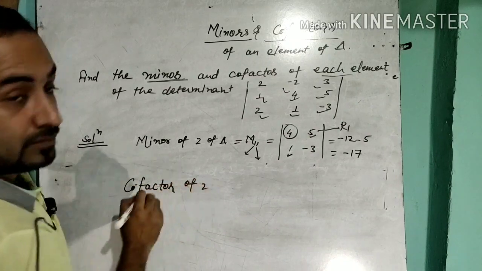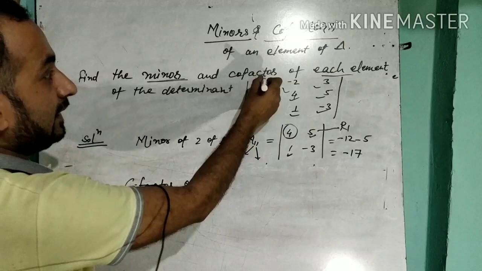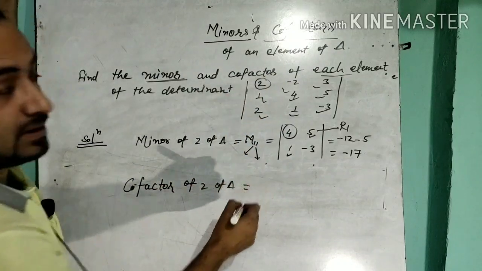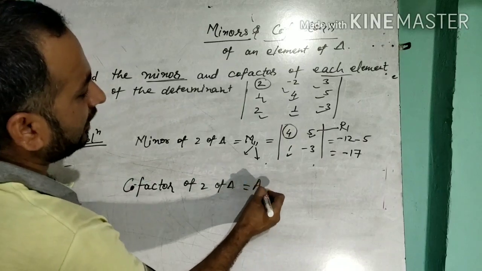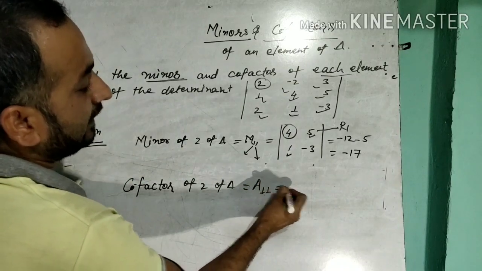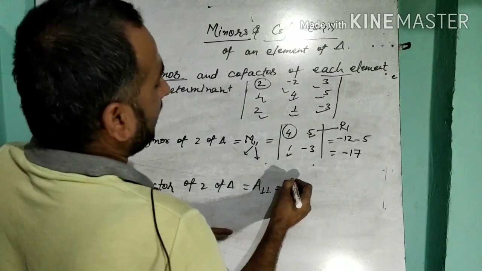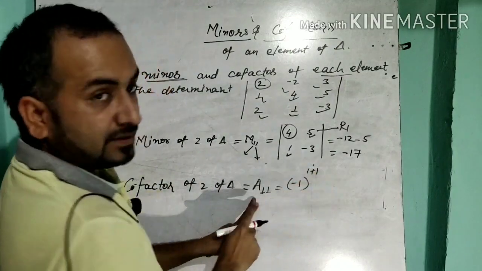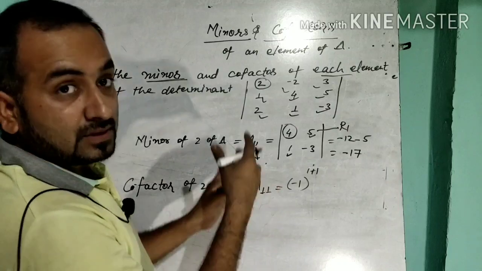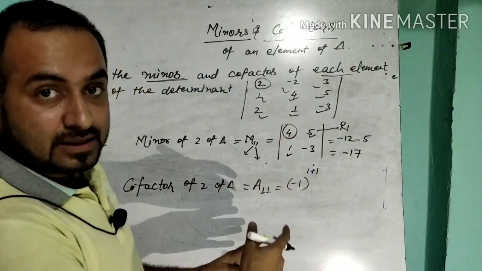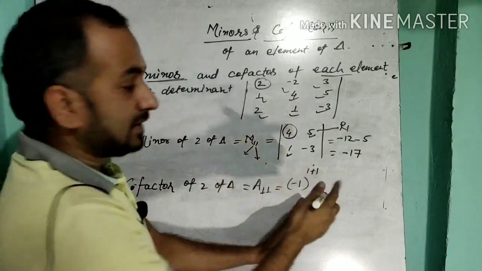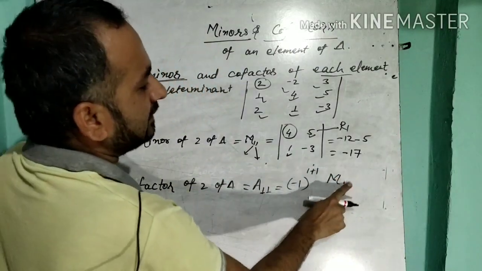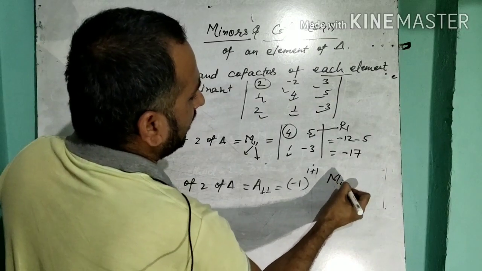of 2. I am finding it for the 2. Of the determinant, this will represent, in which form, it's a11. So this will give you minus 1 to the power 1 plus 1, because the formula is Aij equals minus 1 to the power i plus j of Mij, where ij will be in suffix form in this way.